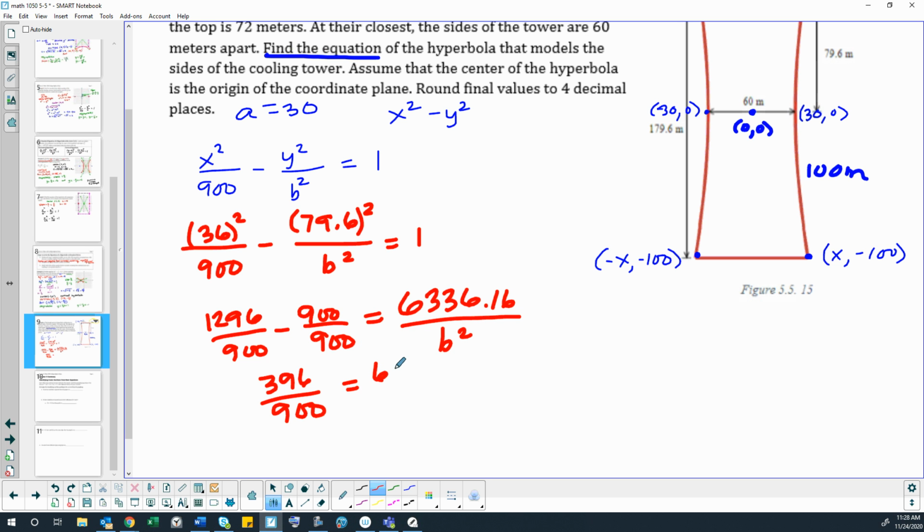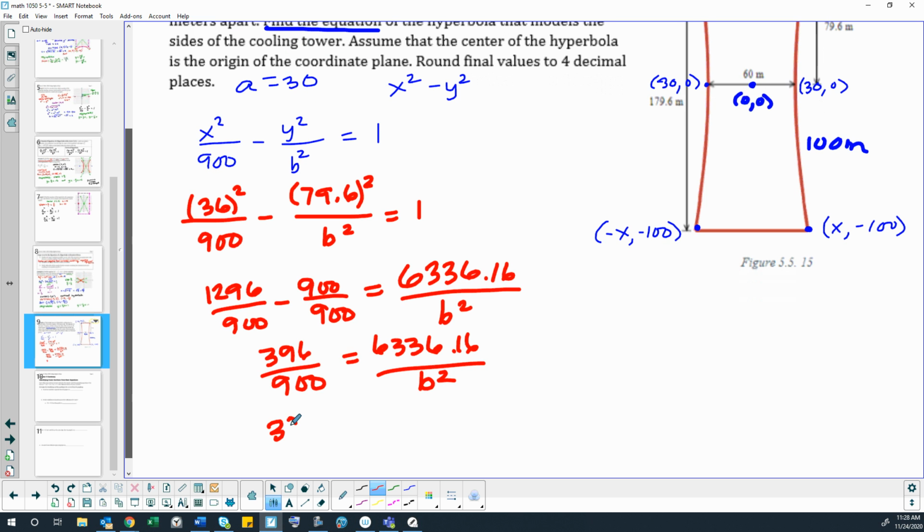And then we still have this 6,336.16 over b squared. So then I'll cross multiply. So 396 times b squared equals 900 times 6,336.16, which is a big old 5,702,544. And we'll divide that by our 396.